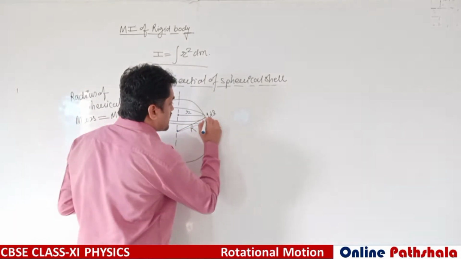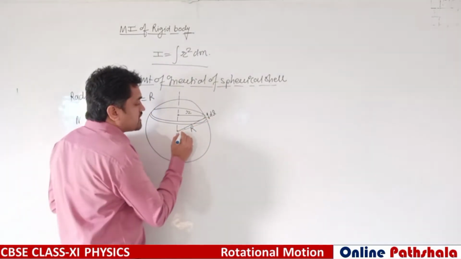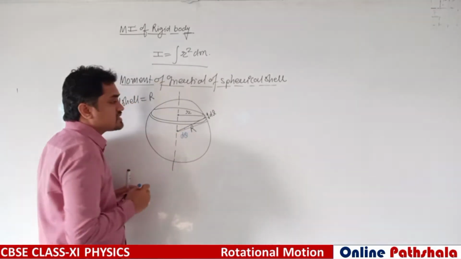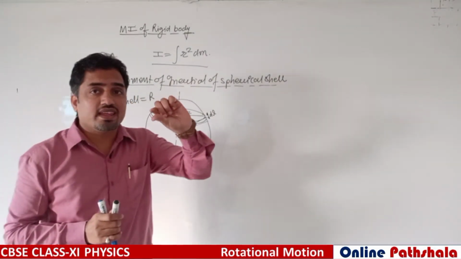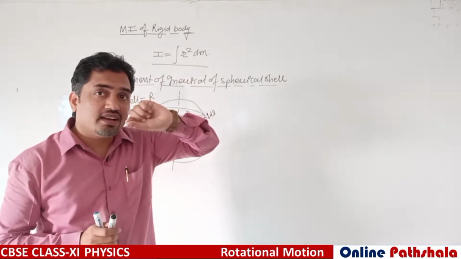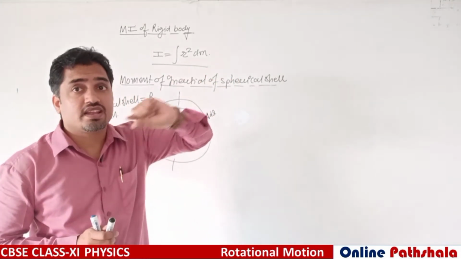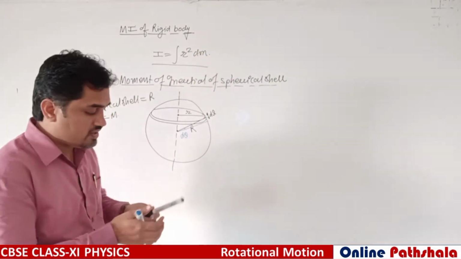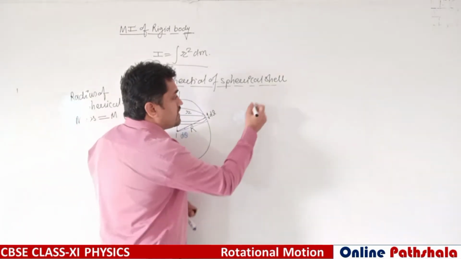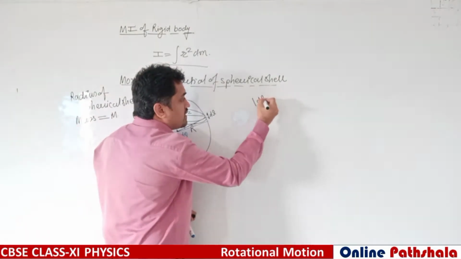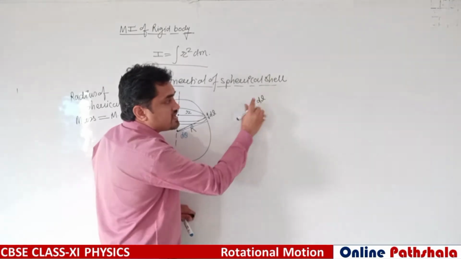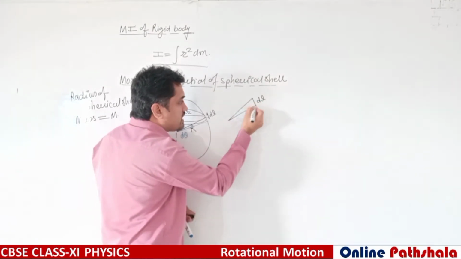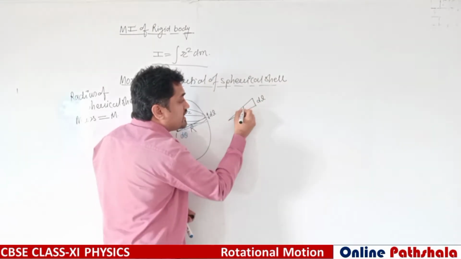dl. Okay. Now, if we are considering that this differential ring is subtending angle d theta at the center, this differential ring having differential thickness dl subtends angle d theta.